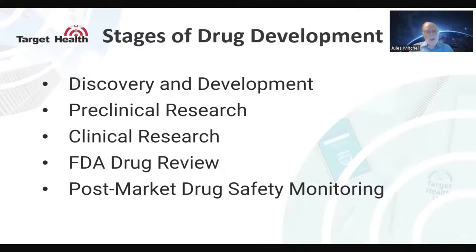And by having the FDA as part of the development team, we mitigate the risk that at the end of the whole process, the FDA will not approve us. And then of course, once we have the approval, we have to do post-marketing surveillance to make sure that in the larger populations we have a safe product. Next, please.